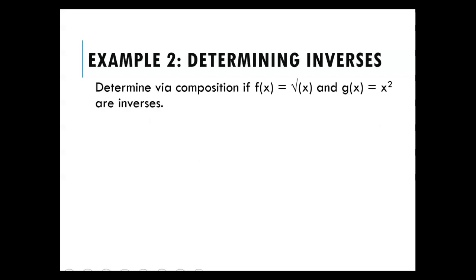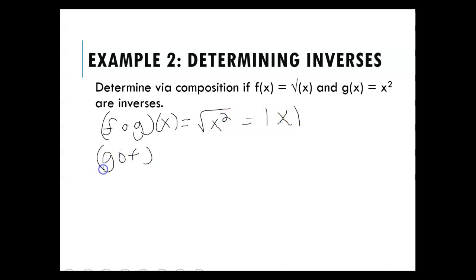So by using function composition, we're going to determine if two functions are inverses of each other or if they are not. So I'm going to plug g into f, and f into g.